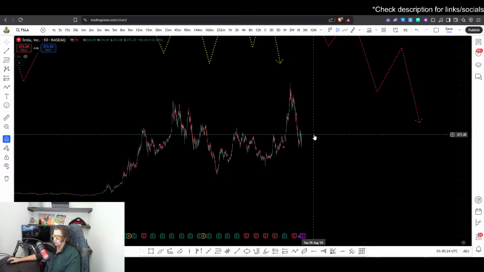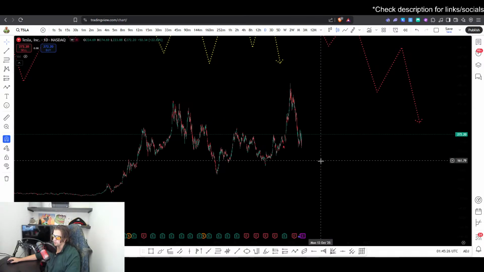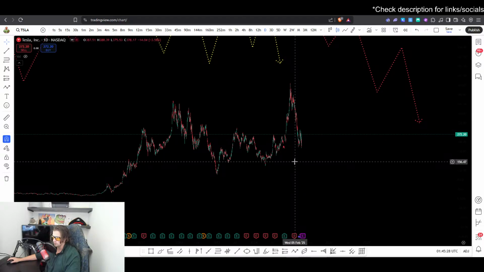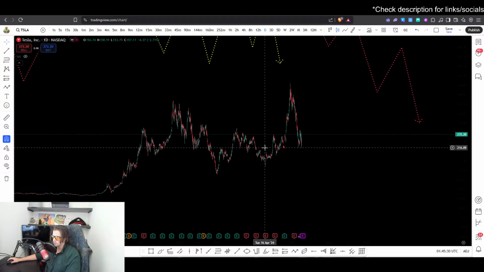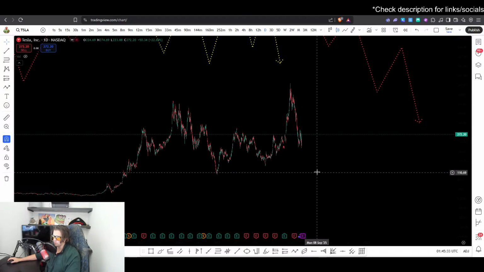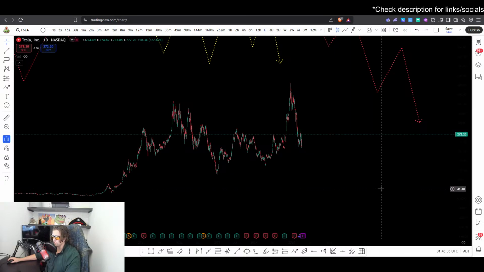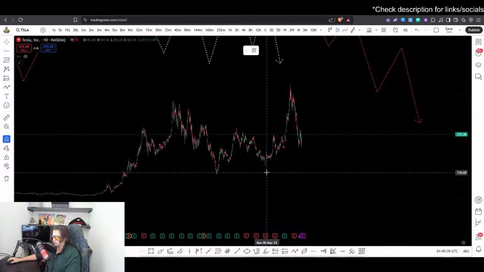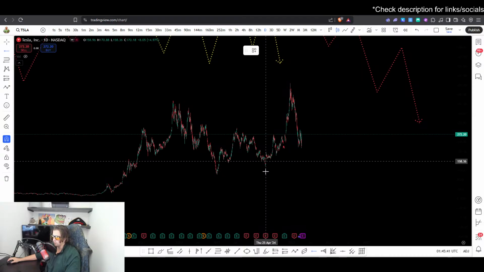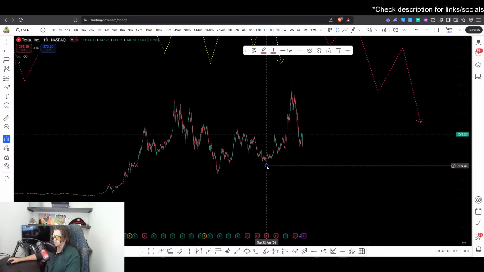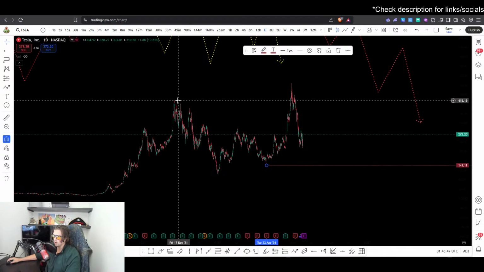We don't want to fight the trend, essentially, until it's been proven otherwise. So technically, this trend doesn't turn fully bearish to where it could go down really low until it breaks what low? This low, pretty much. Because this is the last major low that made a new high.